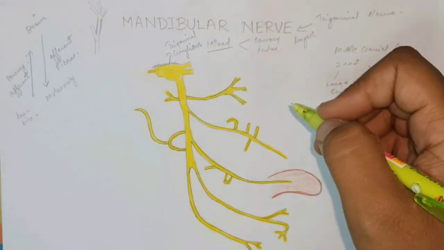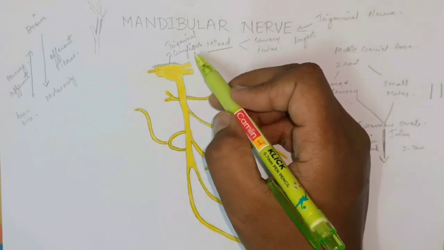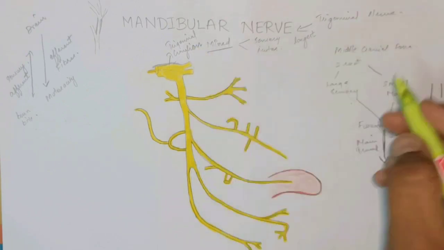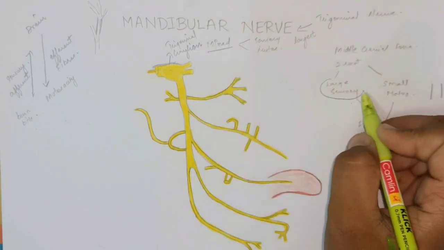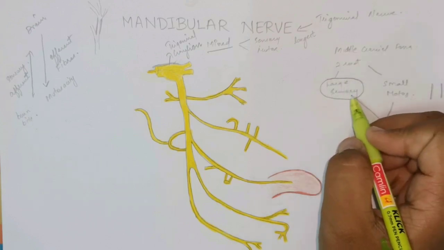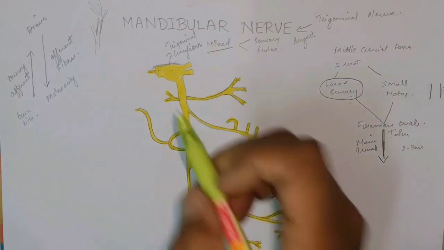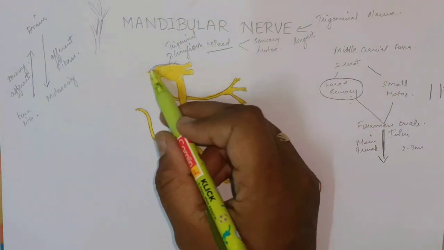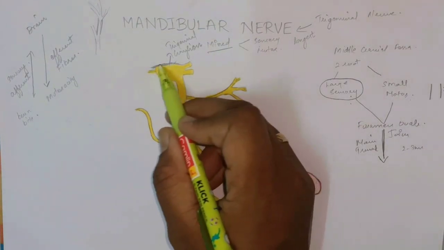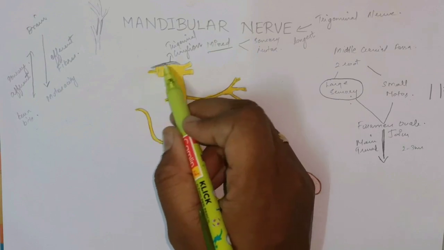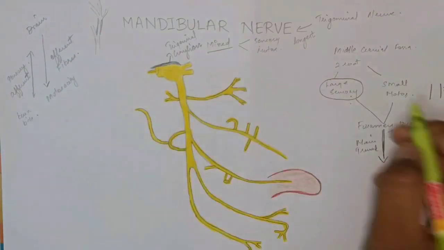What I have colored, this thick yellow portion, is called the trigeminal ganglion. This large sensory root lies lateral to the trigeminal ganglion, and the small motor root will come in the center portion.